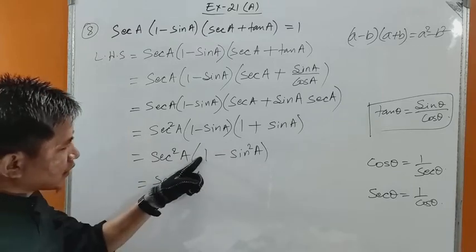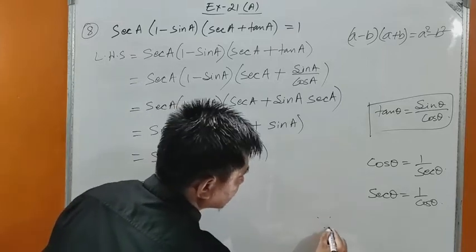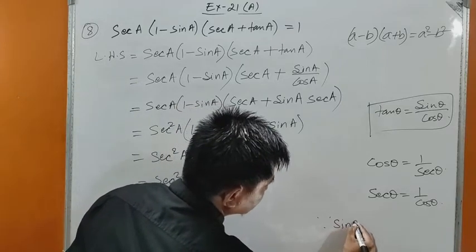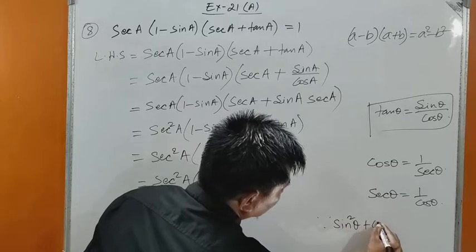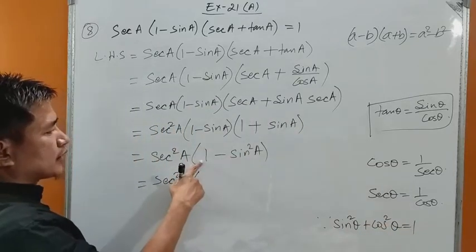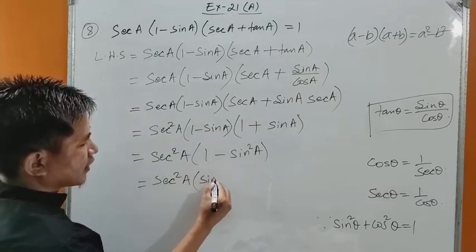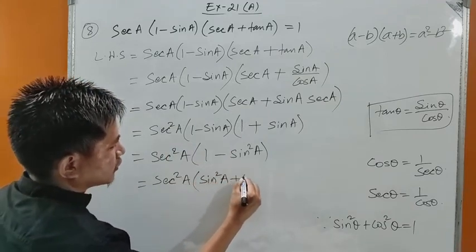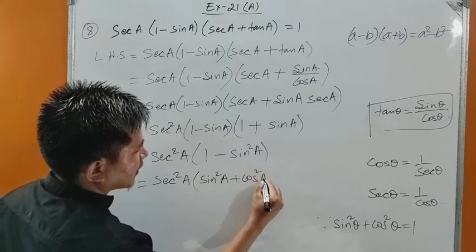Now this 1 means, since we know that sin square theta plus cos square theta equals 1, so this 1 can be written as sin square A plus cos square A, isn't it?